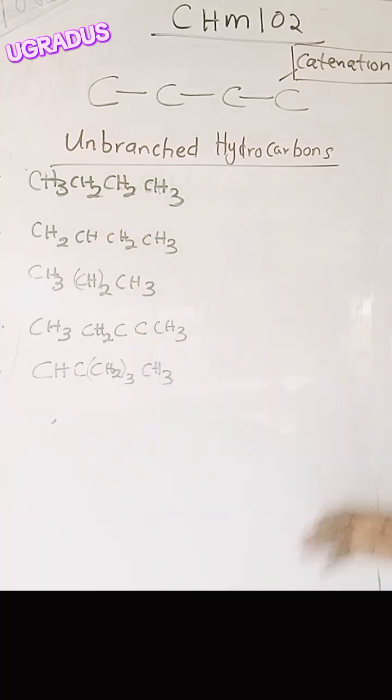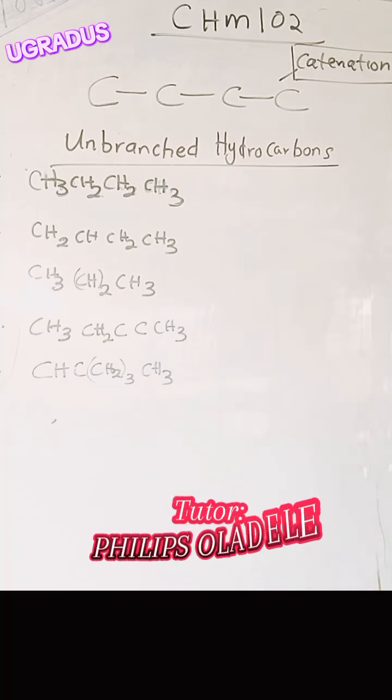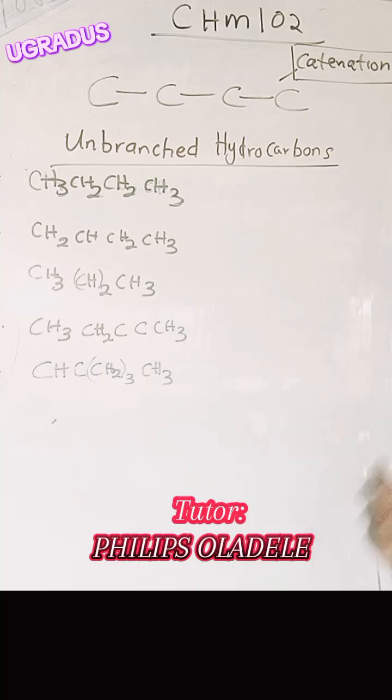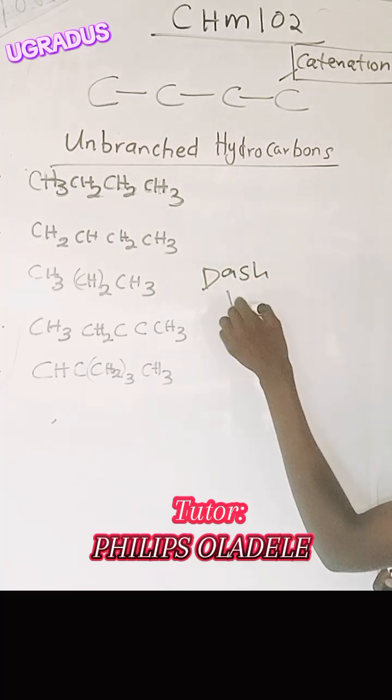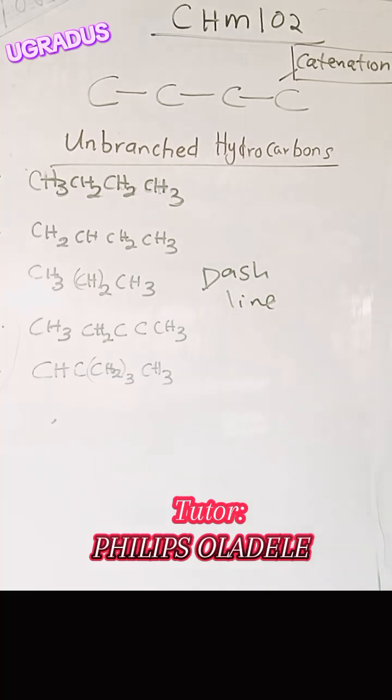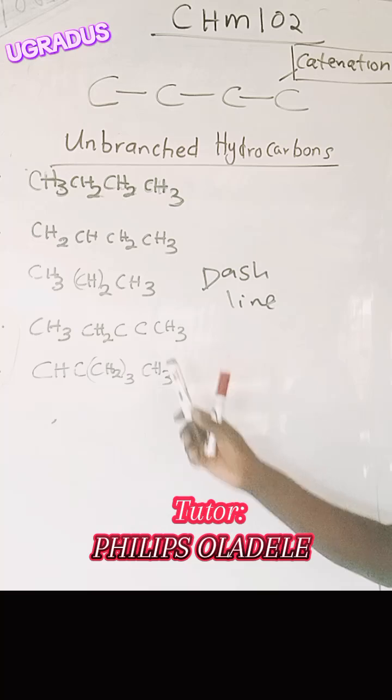So the most accurate form of naming a compound is when you show its full structure. A condensed formula is also a structural formula, but the most crucial structural formula is the one that we call the dash line structural formula. Dash line, dash line, this is the spelling. The one you have on the board, 1, 2, 3, 4, 5, is what we call the condensed.